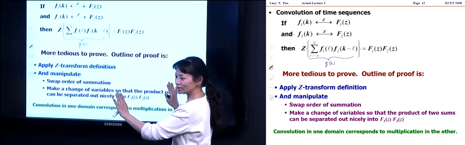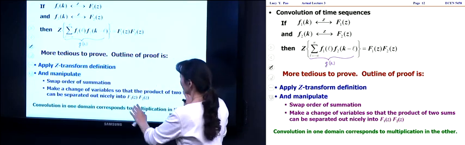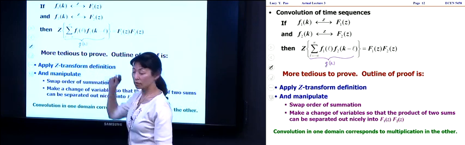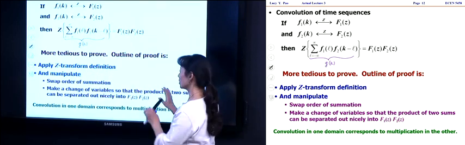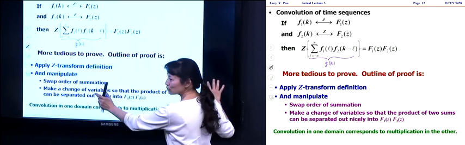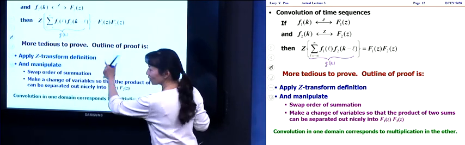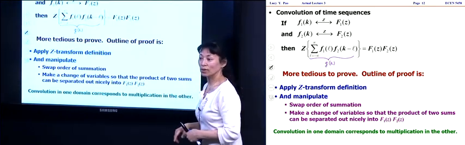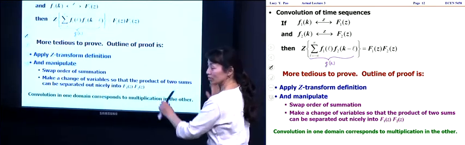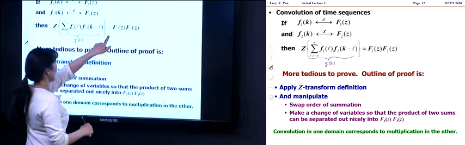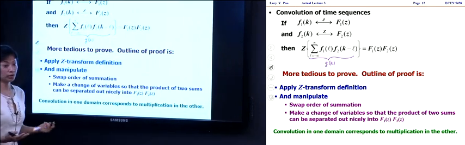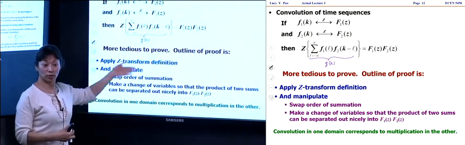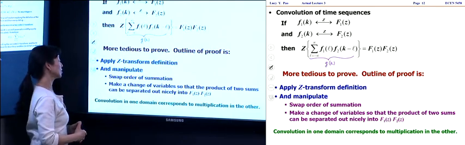The typical thing is to swap the order of summation between the sum over k and the sum over l, do a change of variables, and manipulate so that you can separate the two sums, one being, by definition, F1 of z and the other being F2 of z. You'll see you have the product of those, and that's the way you would prove it. If you're rusty on this, I encourage you to work through it on your own. It is discussed in the book.